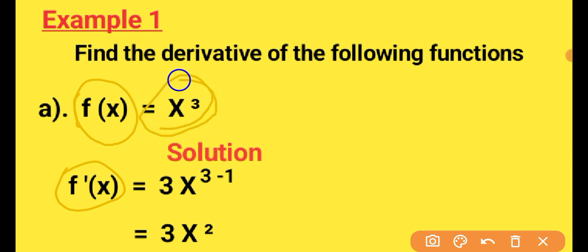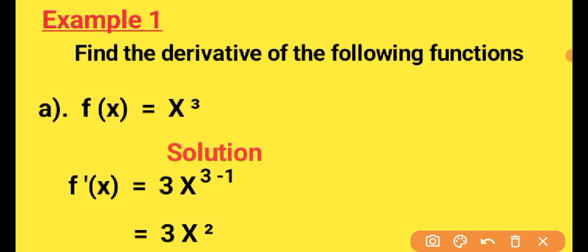So since it is x to power 3, we drop the power down. When we drop the power down, the 3 will come here. Now when 3 is here, then we write our x with the power being subtracted, where 1 has been subtracted from it.